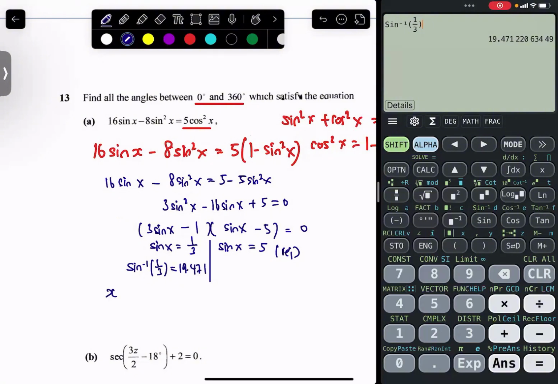So x is equal to 19.471 or 180 minus 19.471. So it's 19.5 degrees or 160.5. Answer.